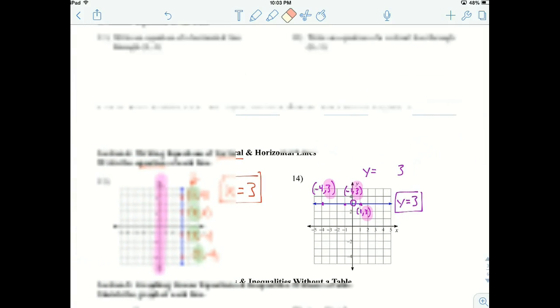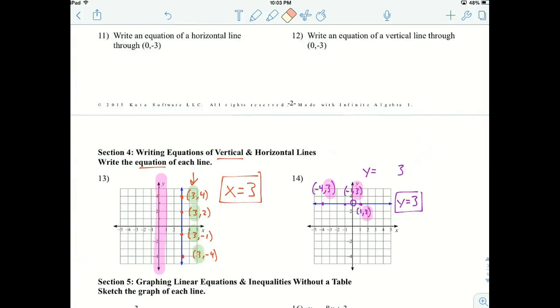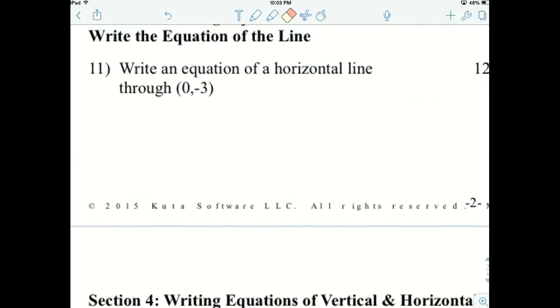So let's go back to the written ones now above. This one says, write an equation of the horizontal line through the point (0, -3). If we sketch a quick graph, 0 over, down 3, a horizontal line goes along the horizon, flat across like that.